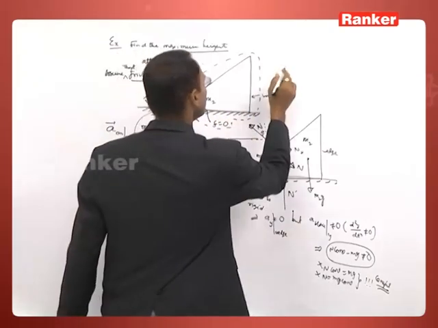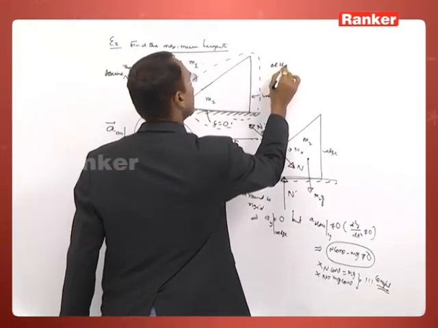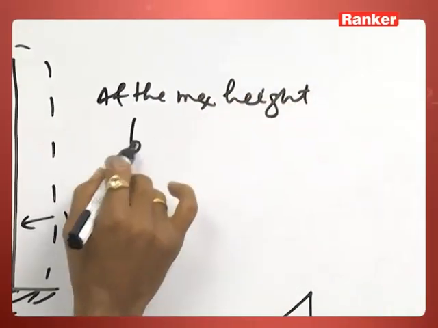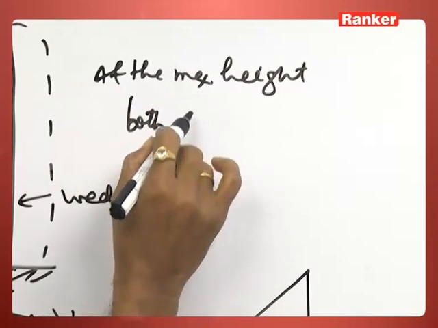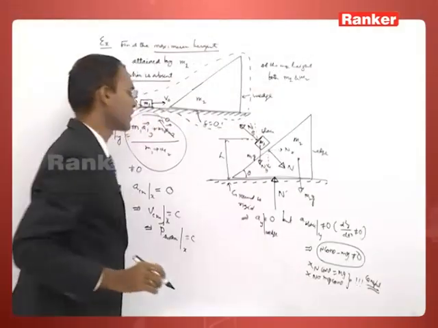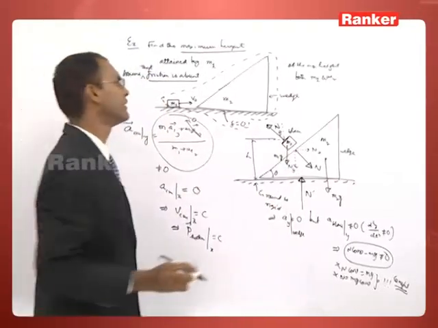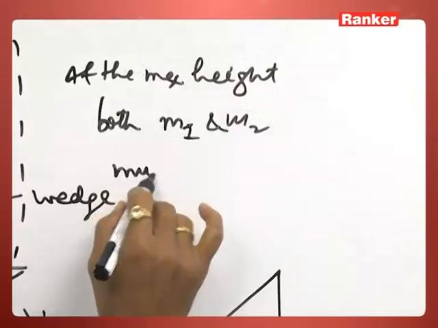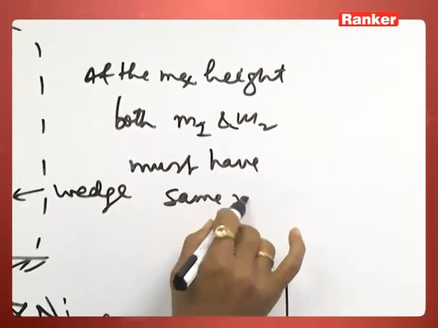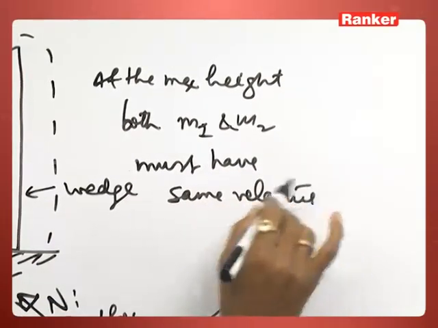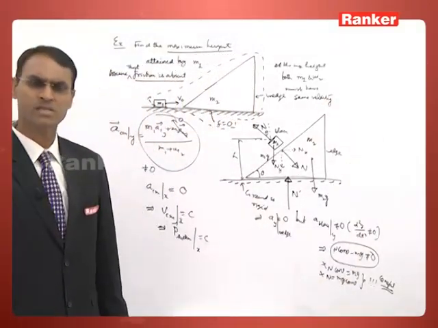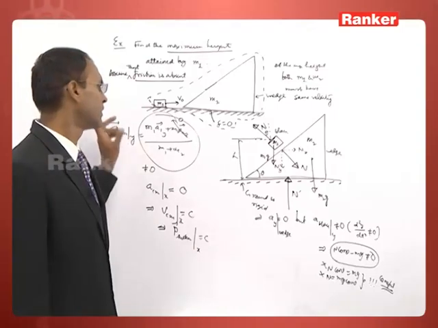Hence, at the maximum height, both m1 and m2, the block and the wedge, must have the same velocity, just like the last problem.